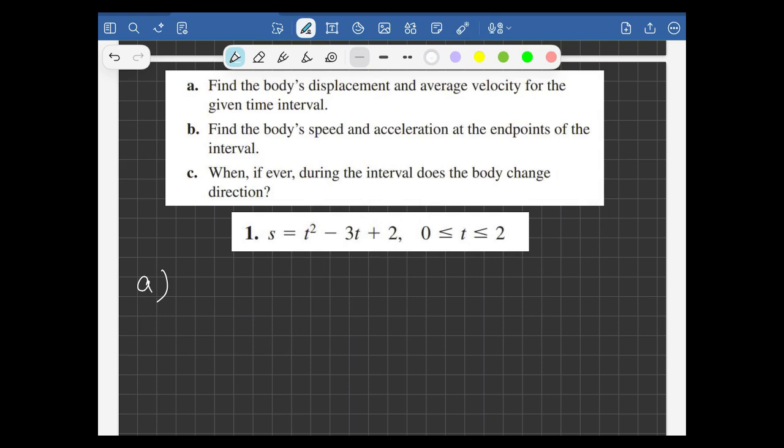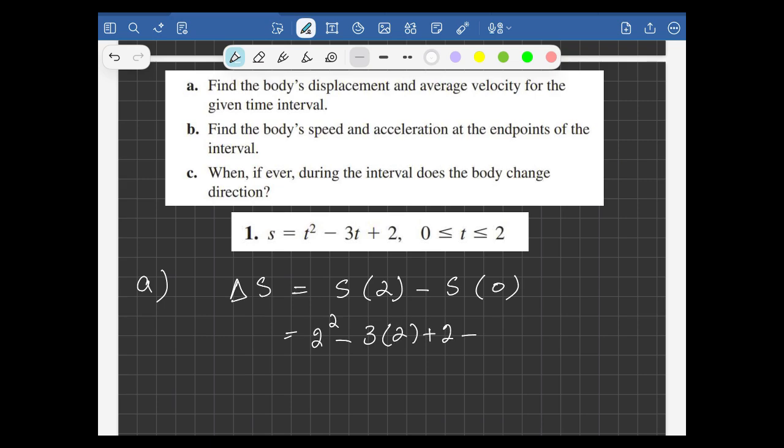Okay, how do we find the displacement? The formula for displacement is the change of the displacement equals the change in the last point, which is 2 here, subtract the change of the initial point, which is 0. So let's find the function when we switch t with 2 here, which is 2 square minus 3 times 2 plus 2, negative sign, square bracket, then we will be inside there.